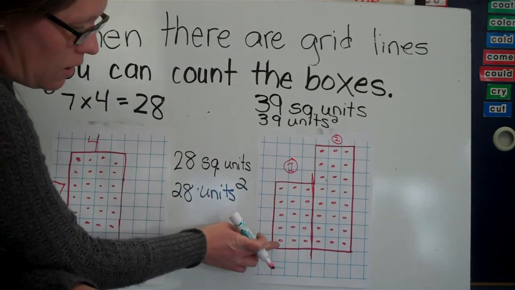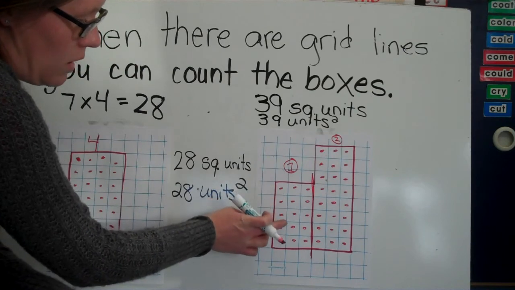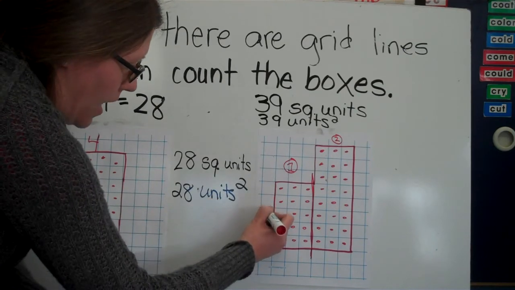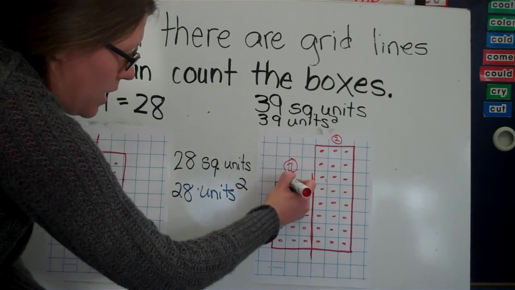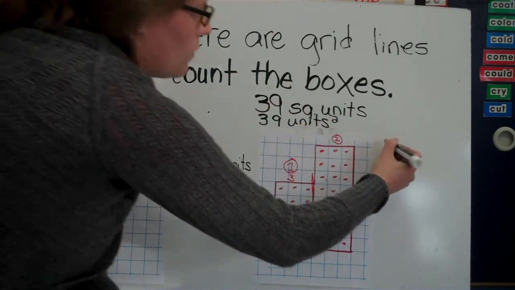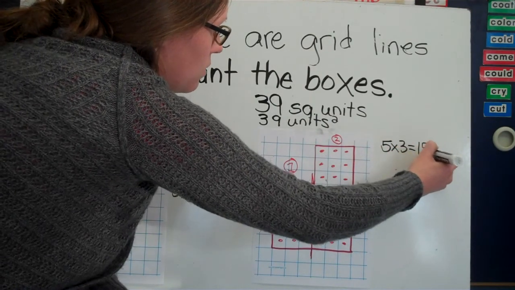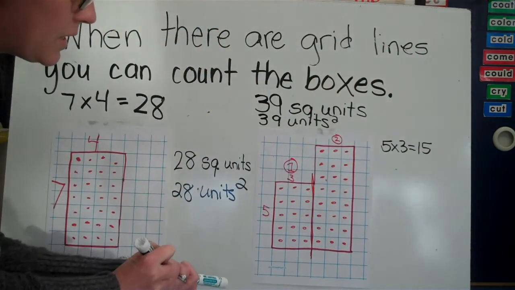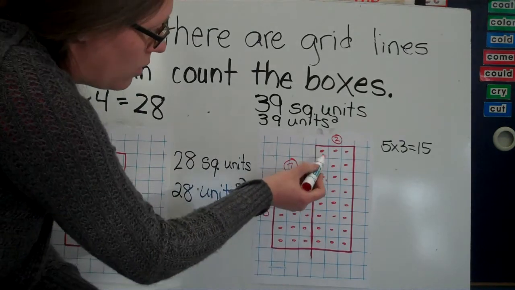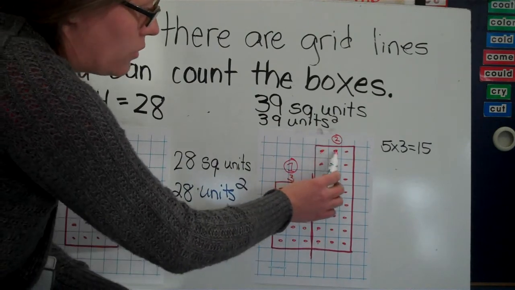And I can look at my arrays. 1, 2, 3, 1, 2, 3, 4, 5. So I have 5 and 3, and I know that 5 times 3 equals 15. And over here, I have 1, 2, 3, 4, 5, 6, 7, 8. 1, 2, 3.